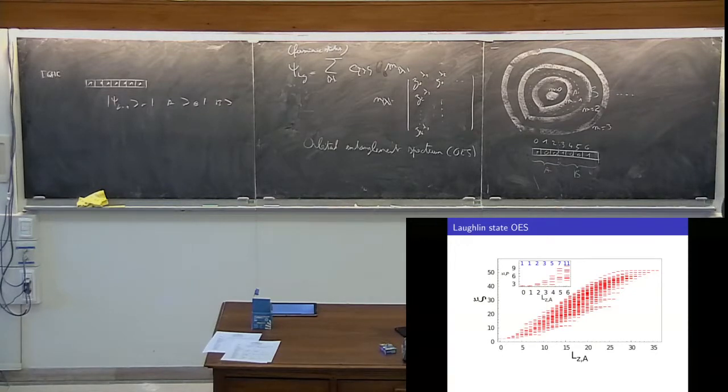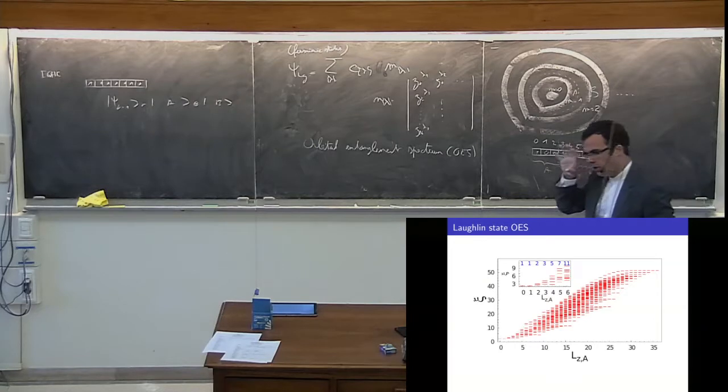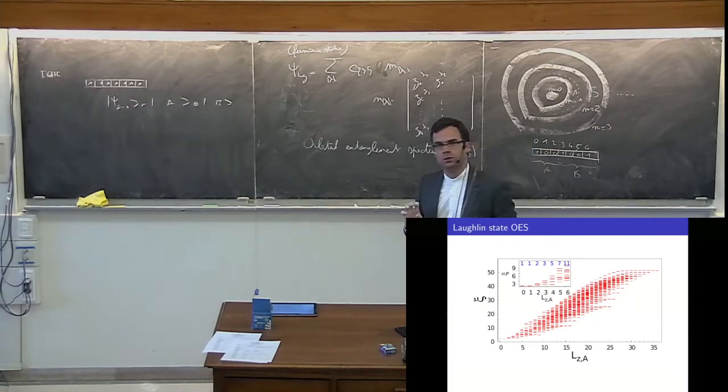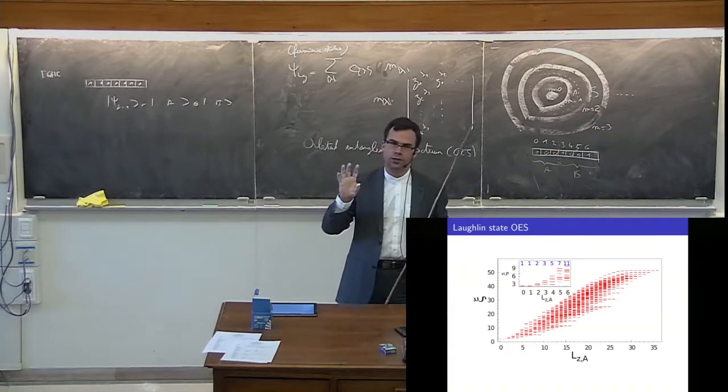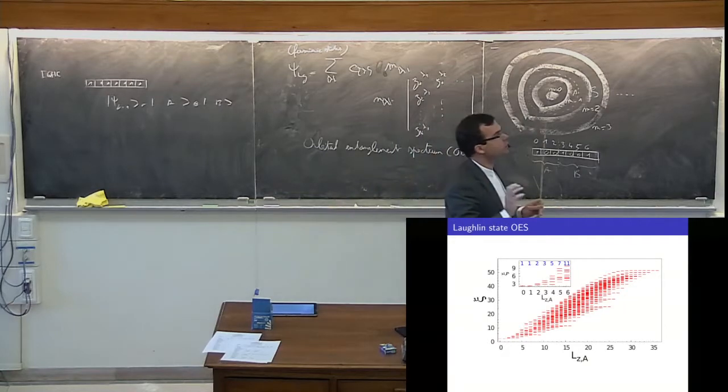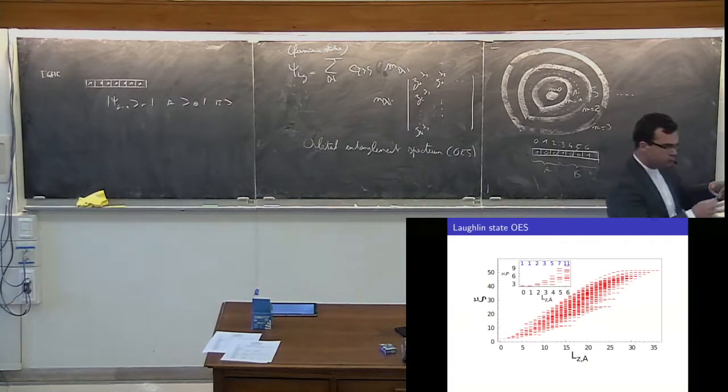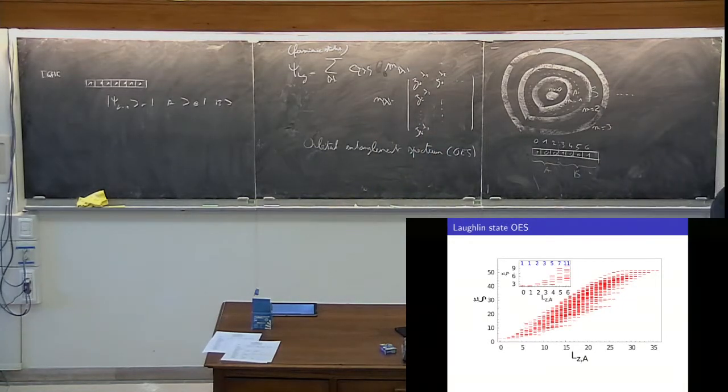Like yesterday, remember what we have done is to look at a specific sector of the number of particles in A. So here, it's the entanglement spectrum, the total system has 12 particles. This is the entanglement spectrum when I look at the sector where N_A is equal to 6. So it's like half of my system. And I will keep half of the orbitals.